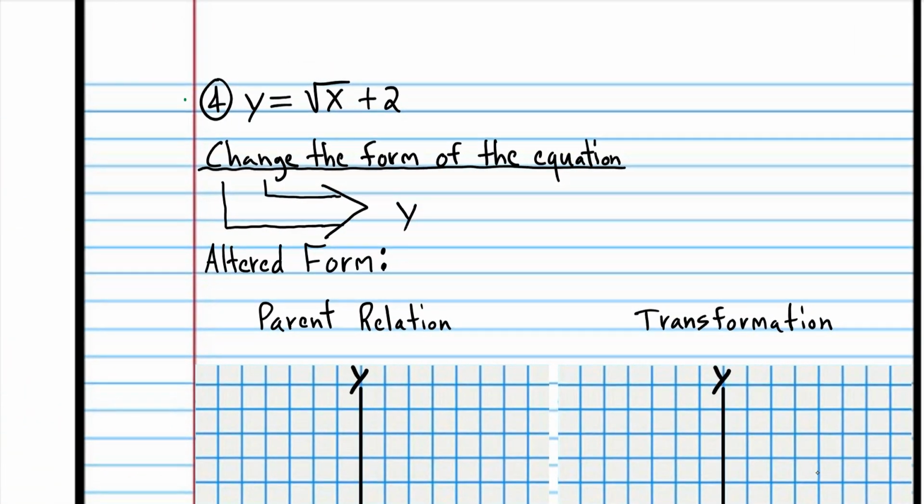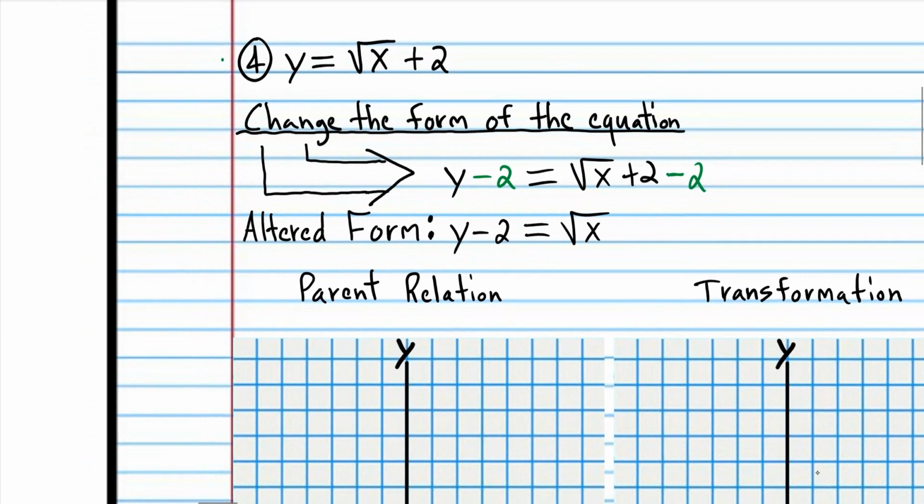Okay, so we're going to subtract 2 from both sides of that equation. And then we get y minus 2 is equal to the square root of x. And so now we can see how to graph it. Let's write the parent equation.